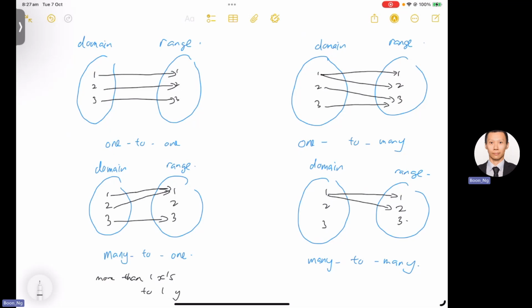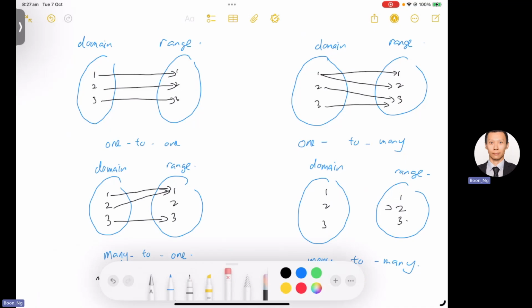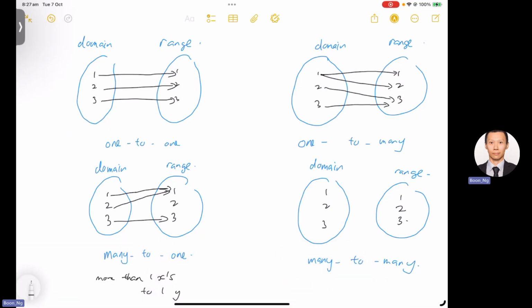So the last one is many to many. So we want x to go to two y's.